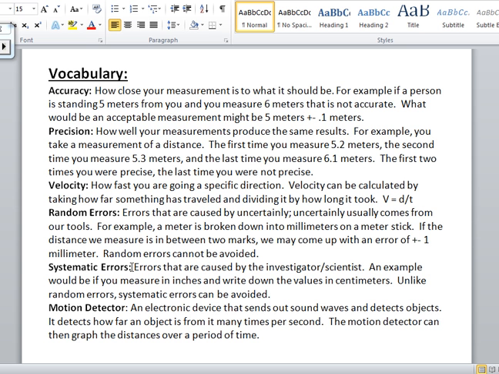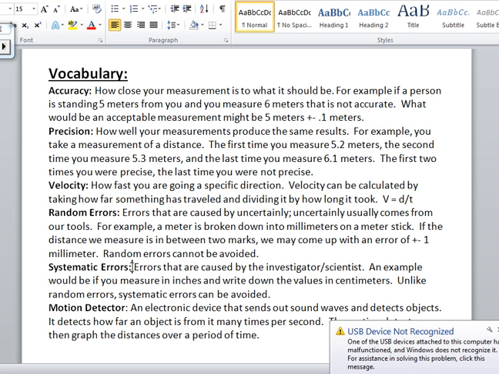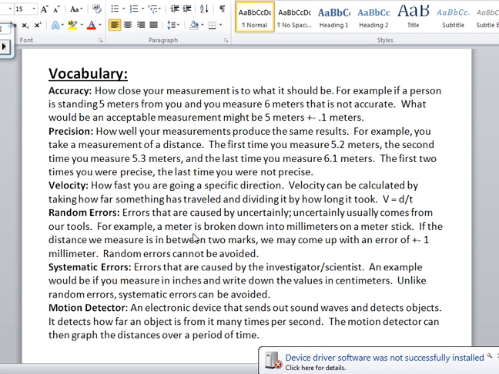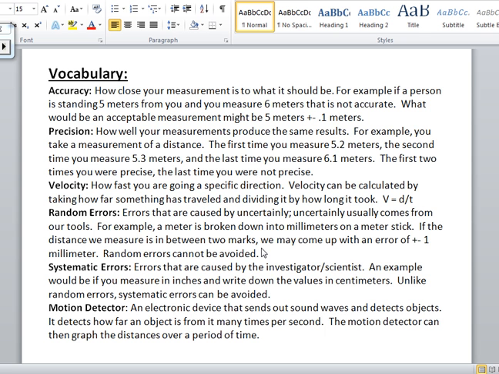Now, velocity and motion detector. Velocity is speed, pretty much. Now, the difference between velocity and speed is that velocity is a vector, so meaning it has a direction. So let's say if you were going 60 miles per hour, 60 miles per hour would be your speed.